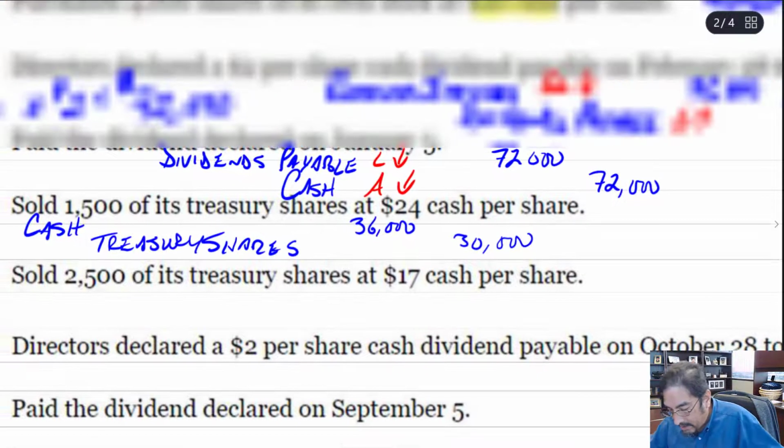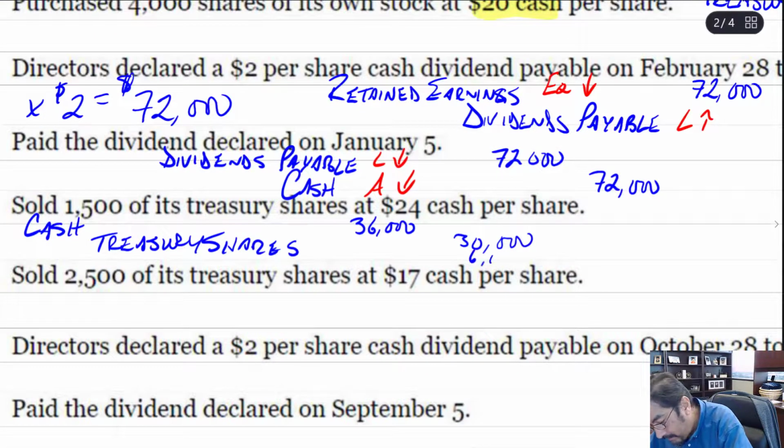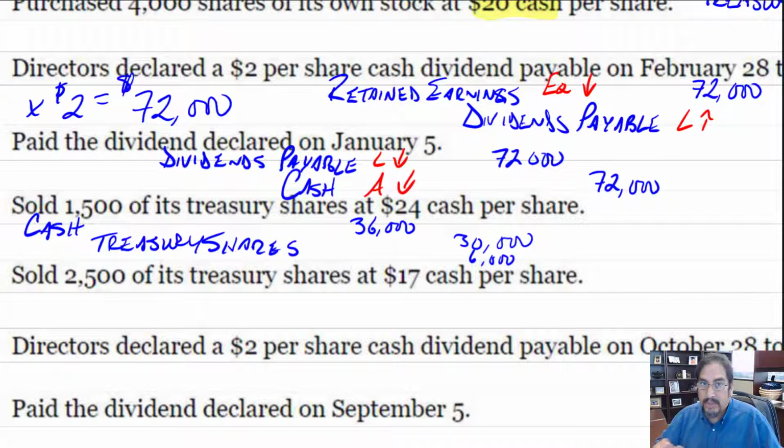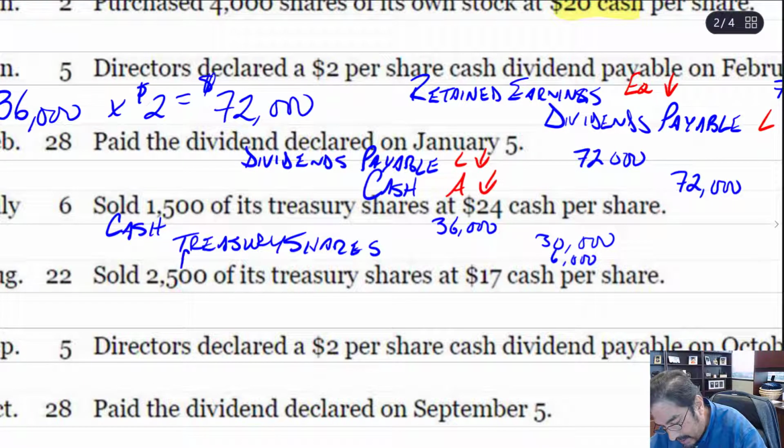We need another credit for $6,000 to make this journal entry balance. And we're just going to put that into an account called Paid in Capital, Treasury Shares.